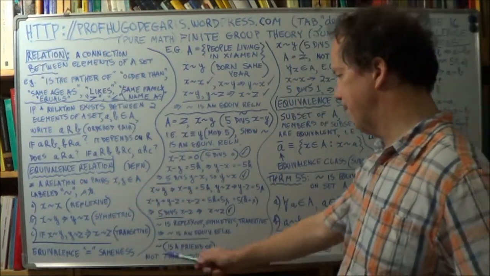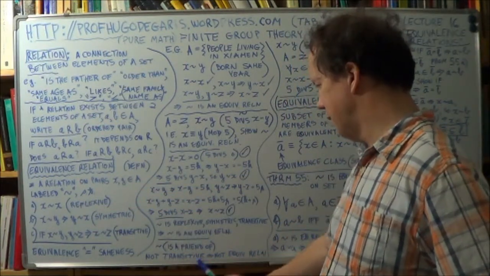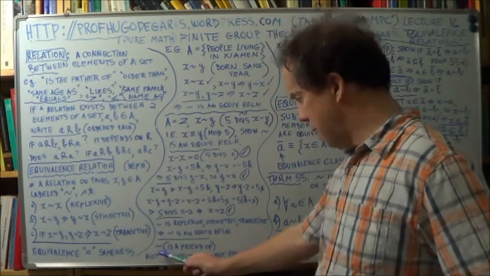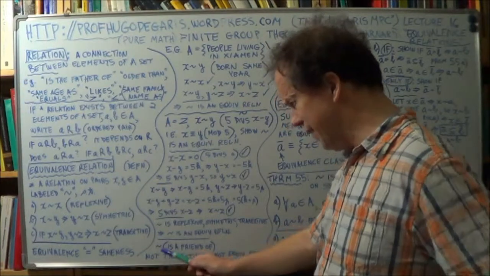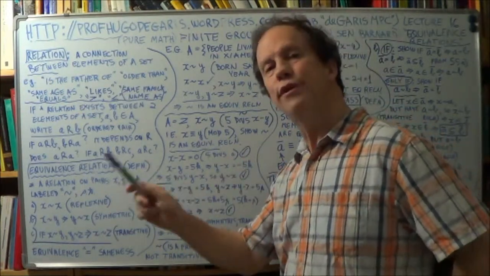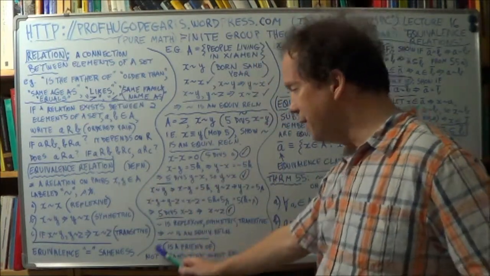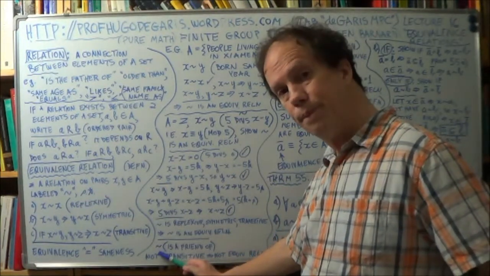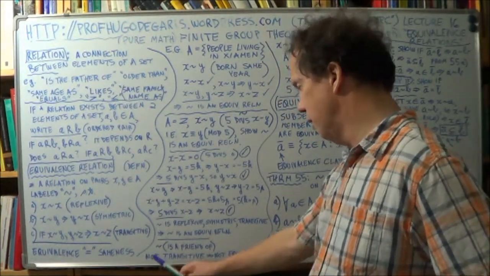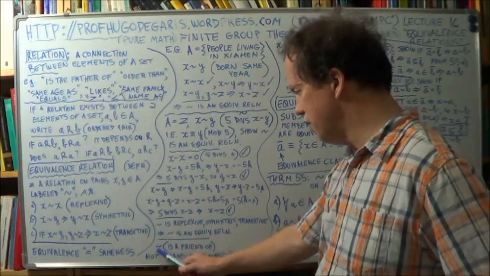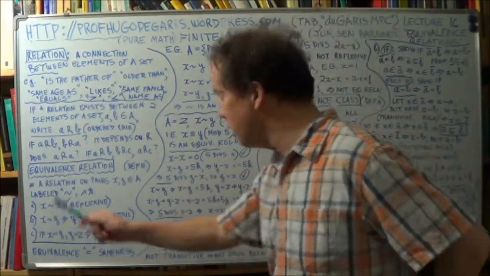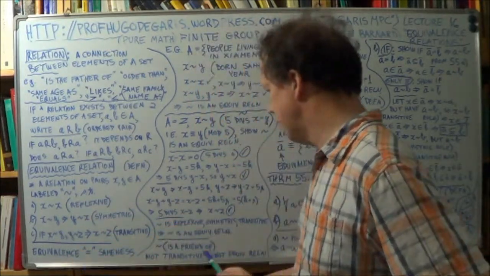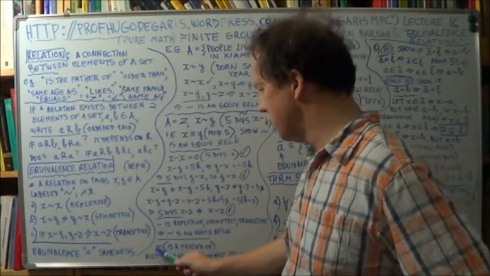All right. How about A being a set of people? The relation is 'is a friend of'. Is that an equivalence relation? Well, it's not transitive. This relation is not transitive, as we did before up here. If x is a friend of y, that's the relation, that's your tilde.